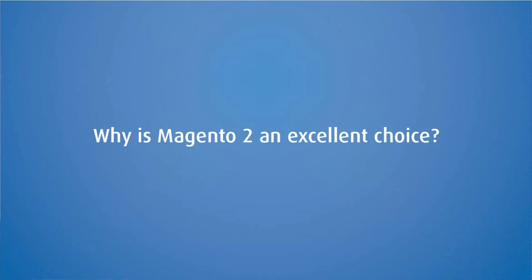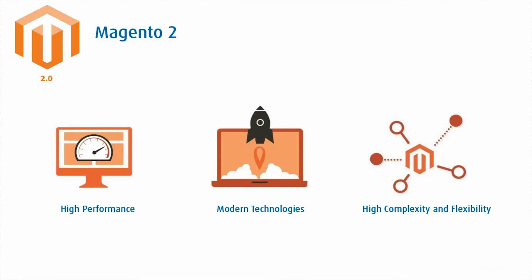Why is Magento 2 an excellent choice to do something like that? Obviously, Magento was created in 2008 and Magento 2 was created in 2015, so we have a 7-year newer product, and that brings a lot of improvements. Originally we had the 45 seconds response time.